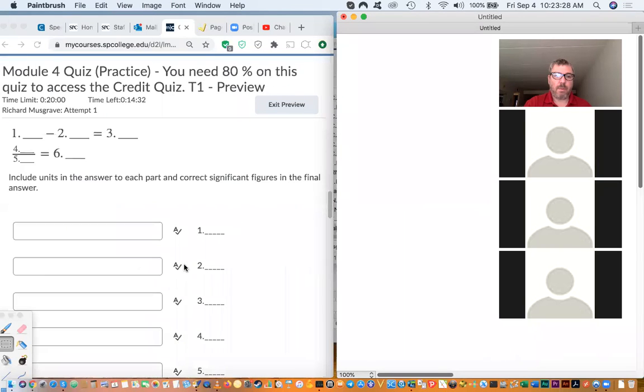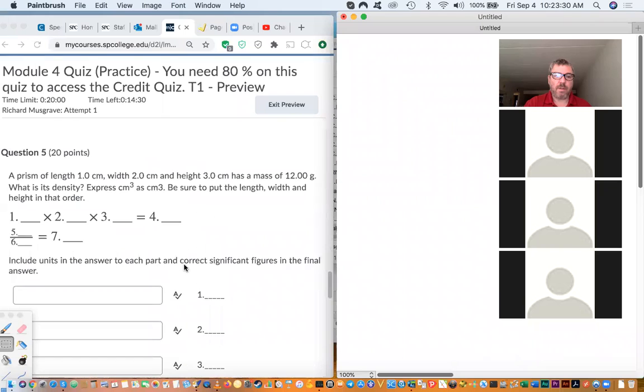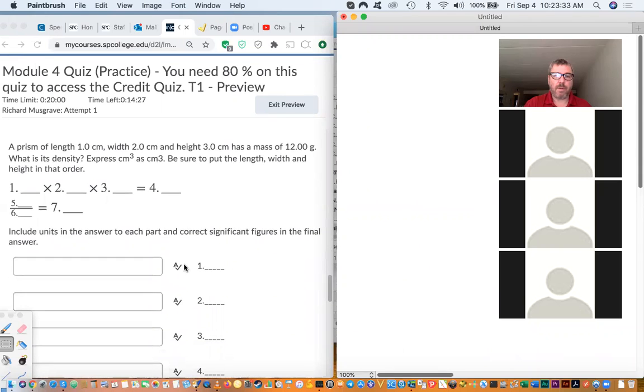Okay, let's do one more here. And this is one that doesn't involve subtraction. We'll do this one here that involves the multiplication.